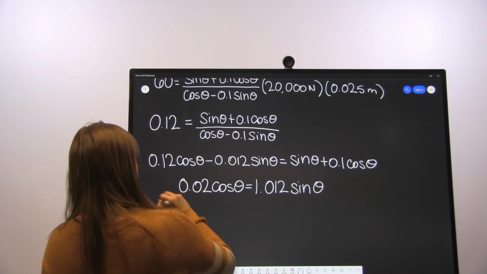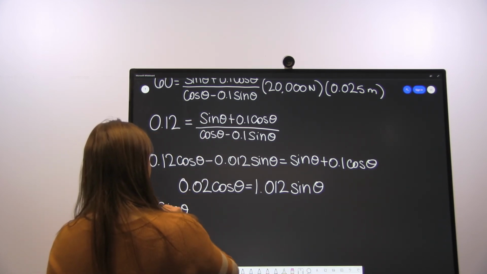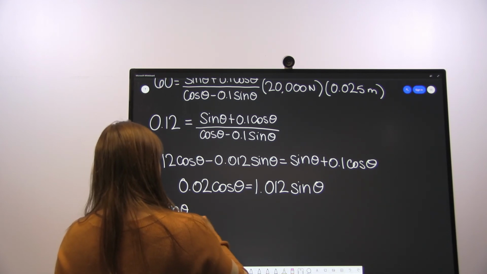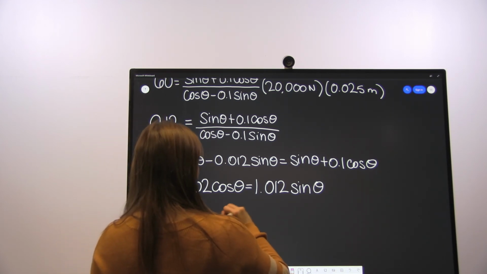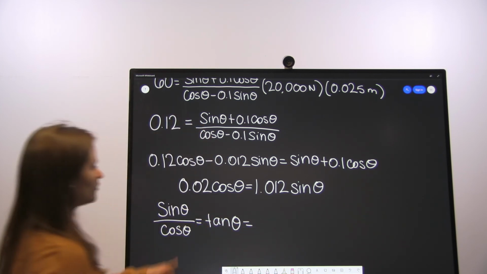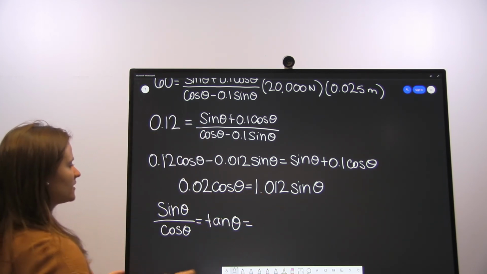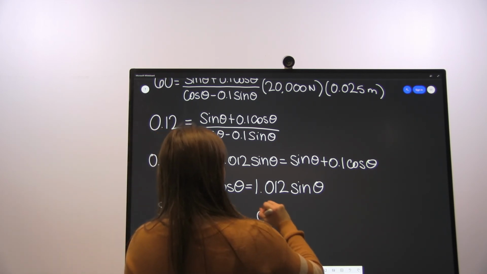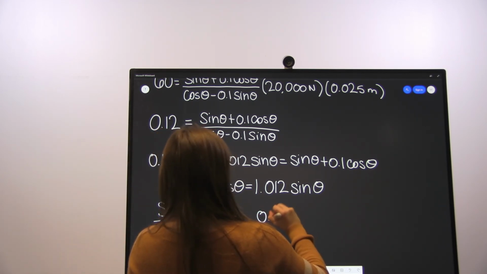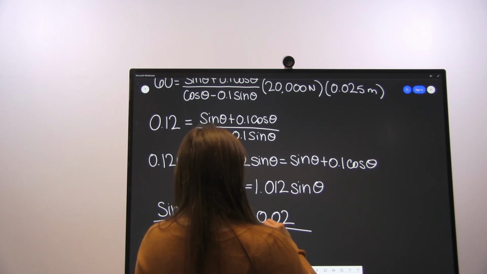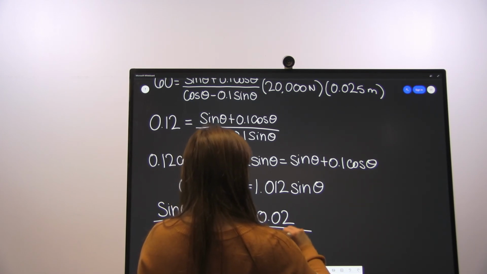And from here we can use some trig identities. We know that sine theta over cosine theta is equal to tangent of theta. And when we use these values that are lined up with the cosine and the sine, that comes out to 0.02 over 1.012.